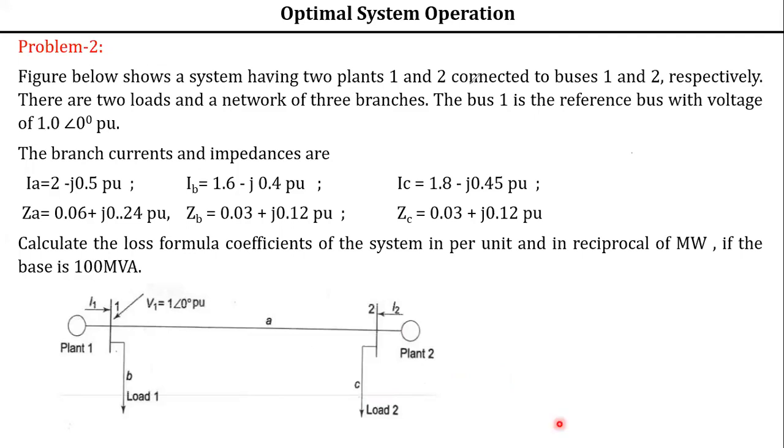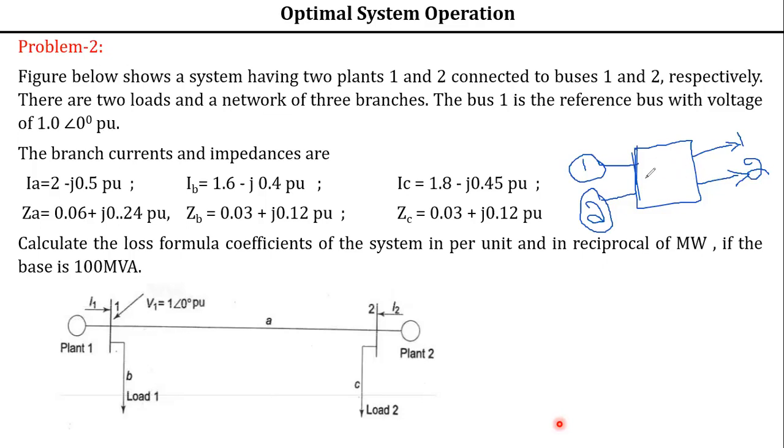This is the transmission network, this is plant 1, this is plant 2, and there are two loads, load 1 and load 2, connected through the transmission network.